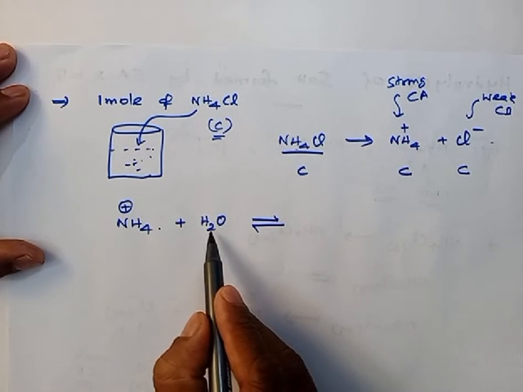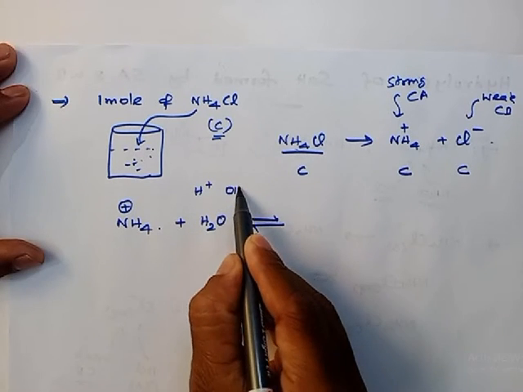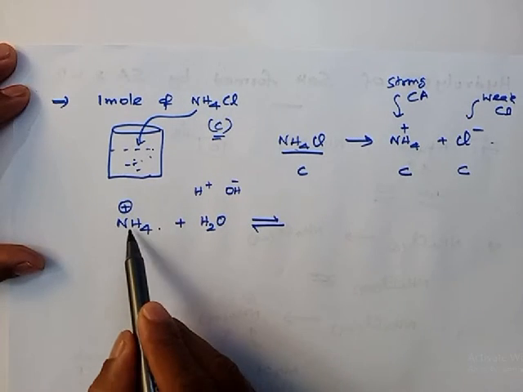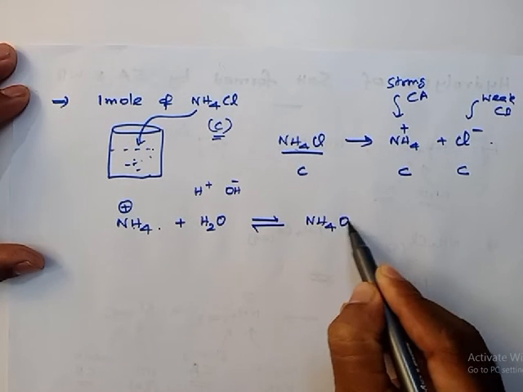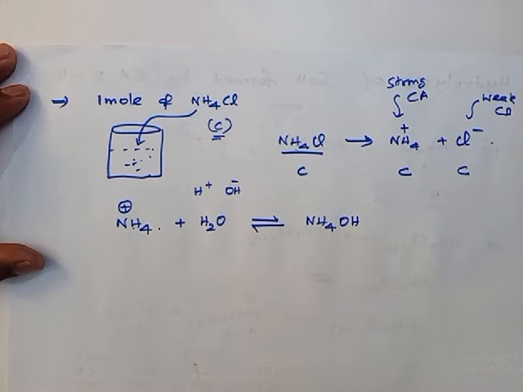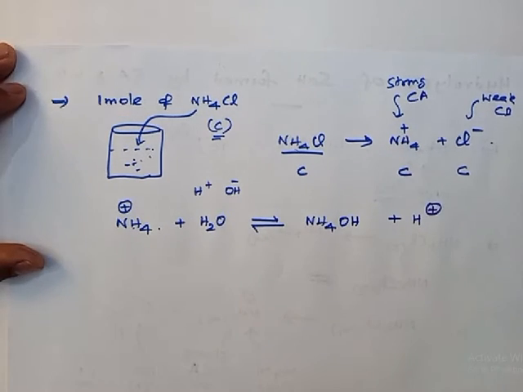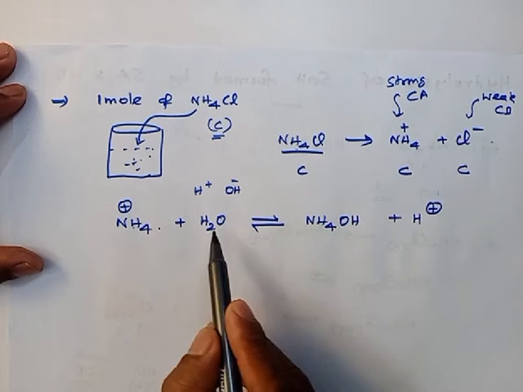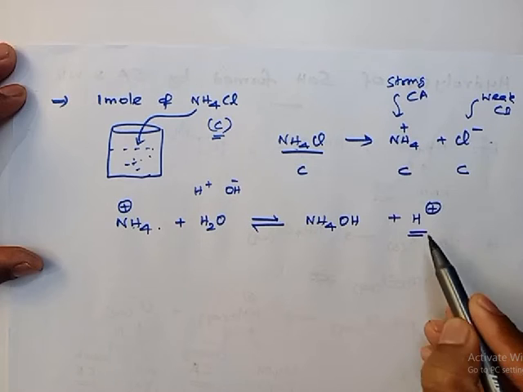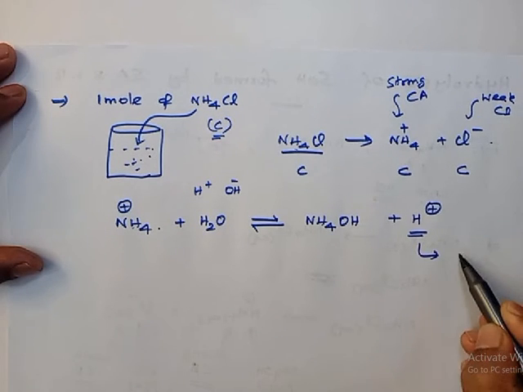You split water as H+ and OH-. Ammonium ion combines with OH- and forms ammonium hydroxide, and H+ ion is released. Observe this carefully: this conjugate ion reacts with the water and produces H+ ion in solution. That is the reason why the solution becomes acidic.